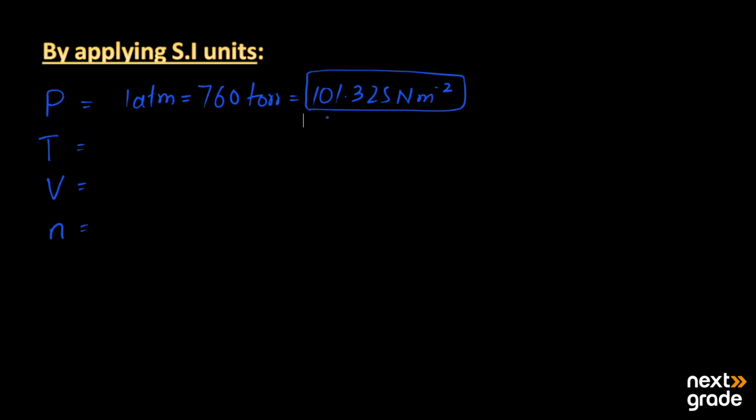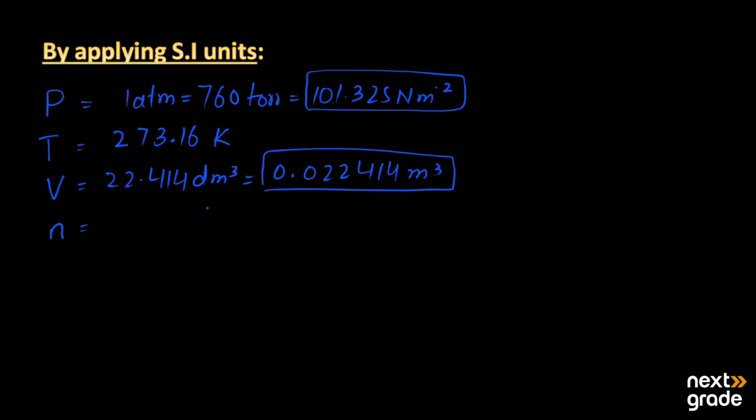Then the temperature is 273.16 Kelvin. The volume we take is 22.414 dm cube. By converting it into meter cube, we get 0.022414 meter cube, and the number of moles stays the same, equal to 1 mole.